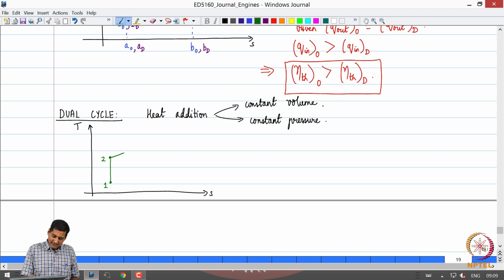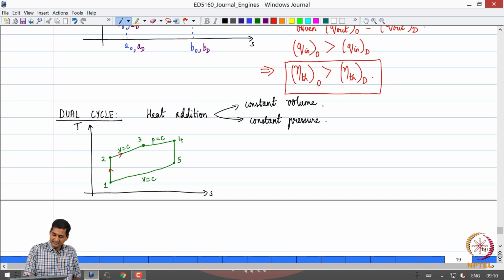First I will have a constant volume heat addition process, then a constant pressure heat addition process, then isentropic expansion, then the heat rejection process, which is reasonable enough to be assumed at constant volume once again. So, this is the dual cycle.